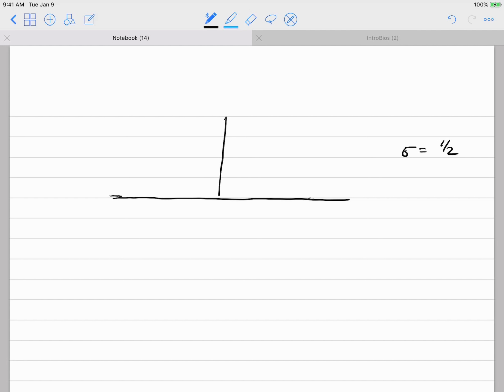So you would have something that looks more along the lines of this. We're still keeping our center at 0. But now you have a distribution that's less dispersed around the mean. So there's less variation, or less dispersion, in this distribution.